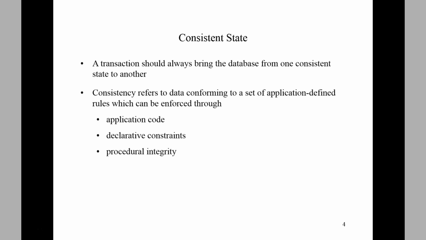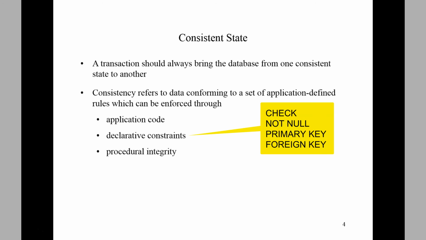Now, consistency refers to data conforming to a set of application-defined or application domain-defined rules, which can be enforced through application code, through declarative constraints defined to the database system itself, or through procedural integrity. Other than application code, this would entail something like a database trigger.